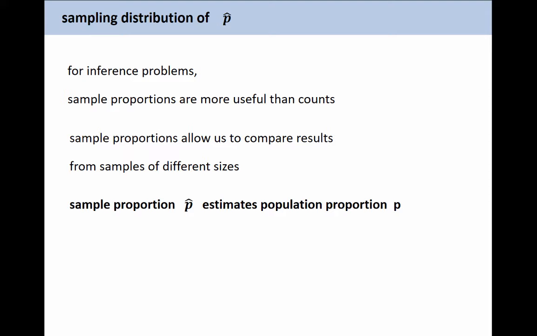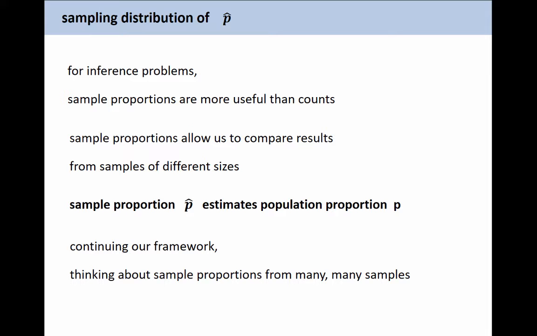And of course, very important for our work, the sample proportion p hat is an estimate of the population proportion p. And continuing the new framework we've introduced, we're going to think about sample proportions from many, many samples. We take lots of samples and we just compute that one number, the proportion, and we look at the sampling distribution of p hat. And this does take a bit of getting used to.